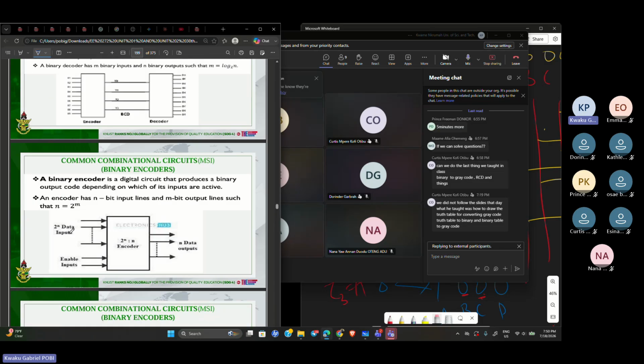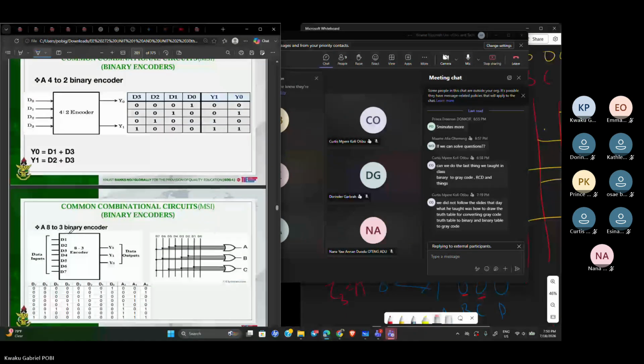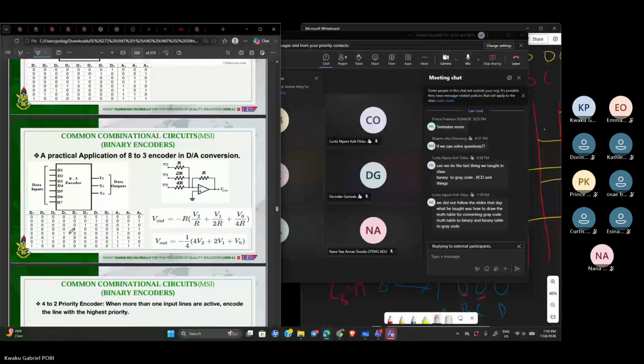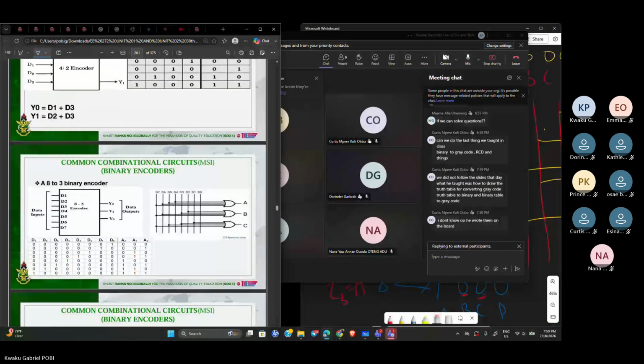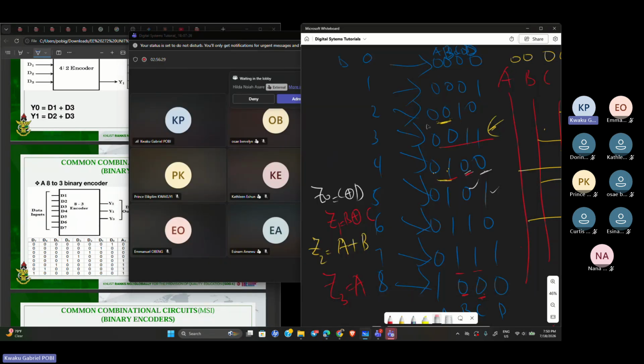Or do you want me to touch on encoders too? Okay, encoders. So let's use the 10 minutes for encoders. When it's 8, we are done.